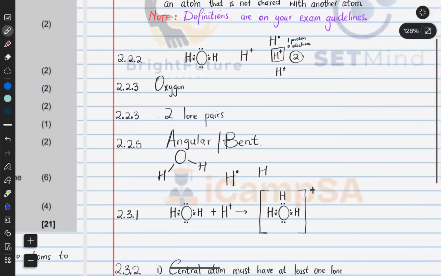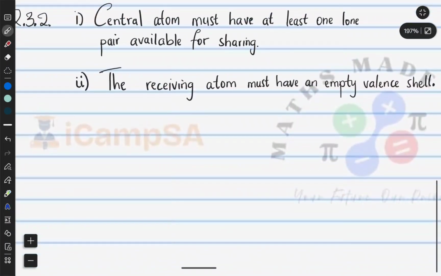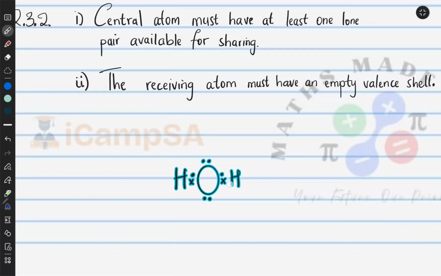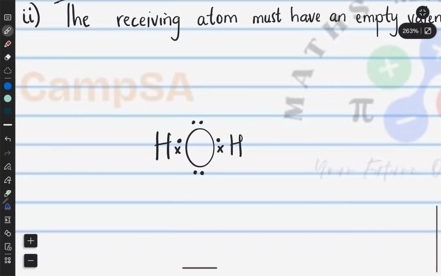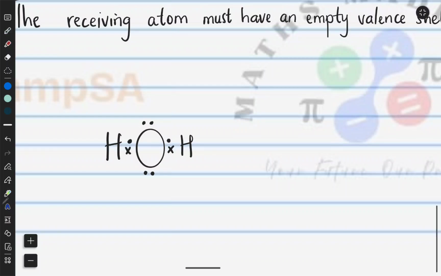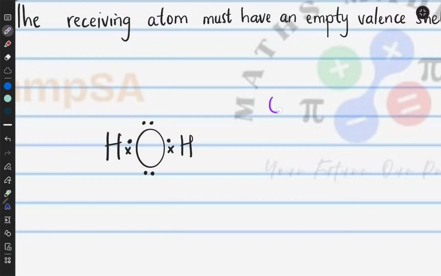Just to reiterate one last time, here's my example. In the example of water, remember that O is our central atom.